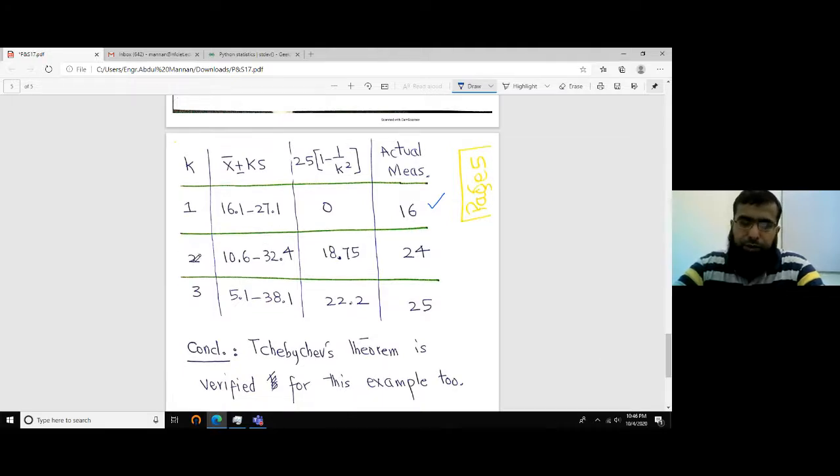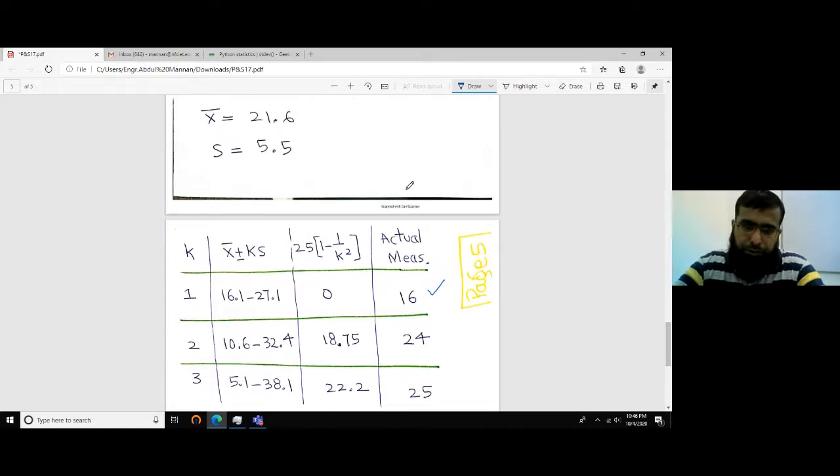Let's check it for k equal to 2. Putting k equal to 2, this is 21.6 minus 2 times 5.5, that is 11, so 21.6 minus 11 is 10.6, and the upper limit is 21.6 plus 11.